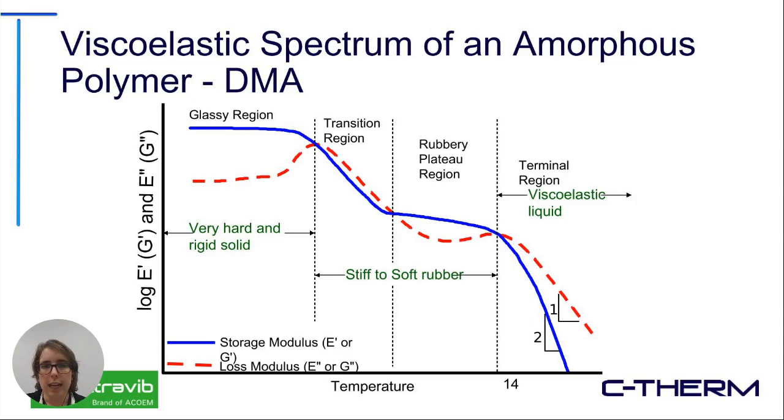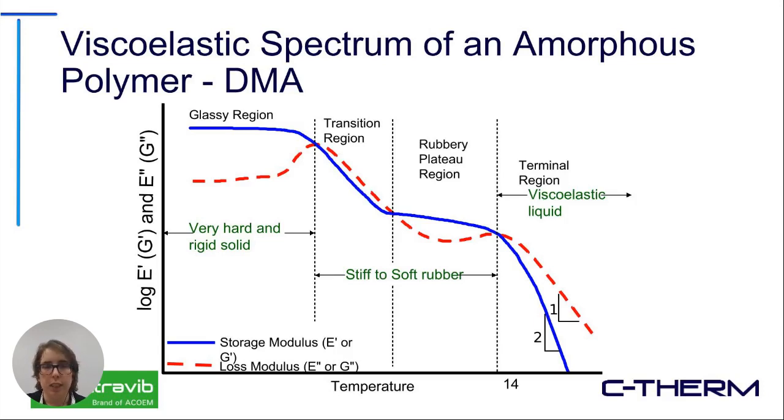You can also look at, for example, the storage modulus or the loss modulus as a function of temperature. As I mentioned before, polymers have a very strong dependence of their mechanical properties on the temperature.